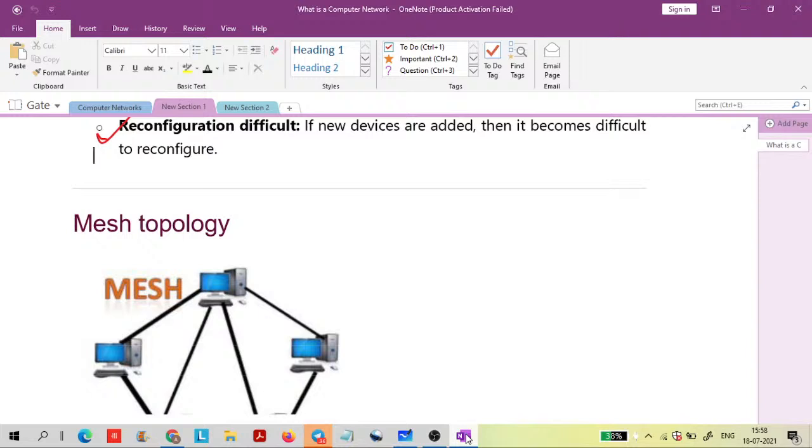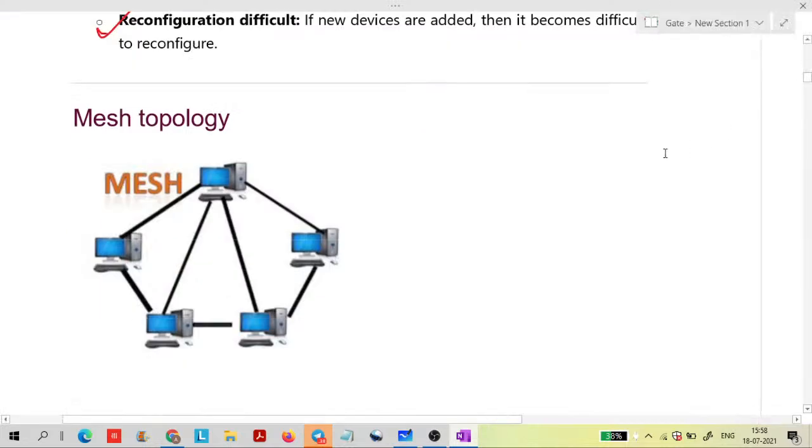So in the previous video we discussed the various topologies. Topology is based upon the structure of the network.